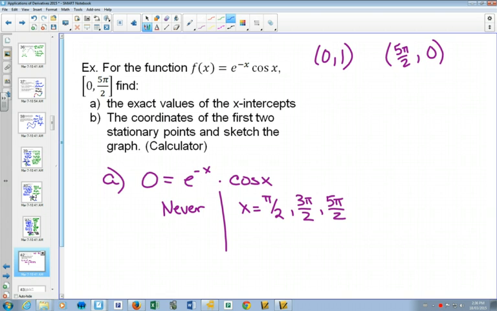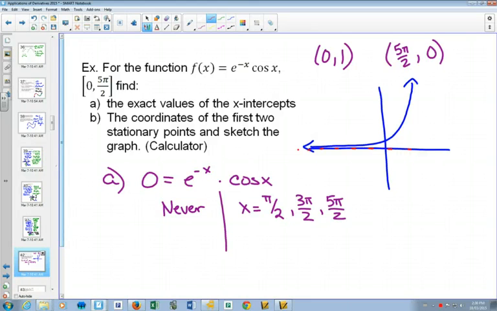Okay, any exponential function looks like this, right? Doesn't matter what the base is. And there's always an asymptote here. It never equals 0. If you tried to make it equal to 0, you'd run into some problems.